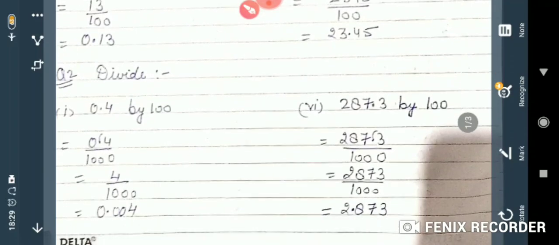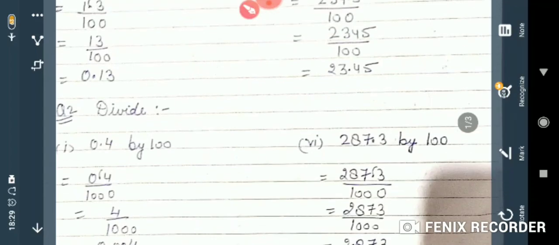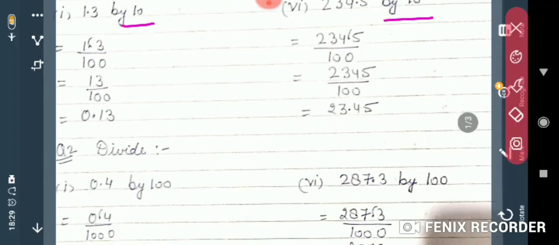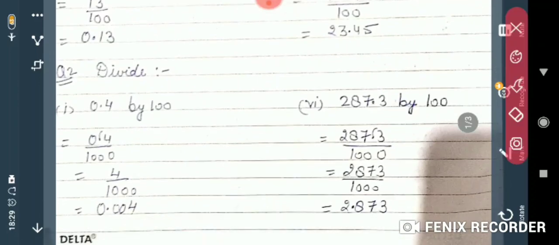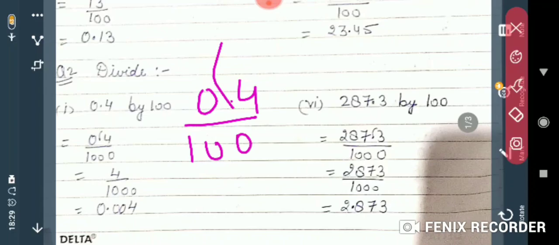Now next question, again divide. In the previous question what have we seen? We have divided by 10. Now we will divide by 100. So 0.4 divided by 100. Similarly we will remove the point, and after the point 1 digit is there. So we will add one 0. So it will become 4 upon 1000.